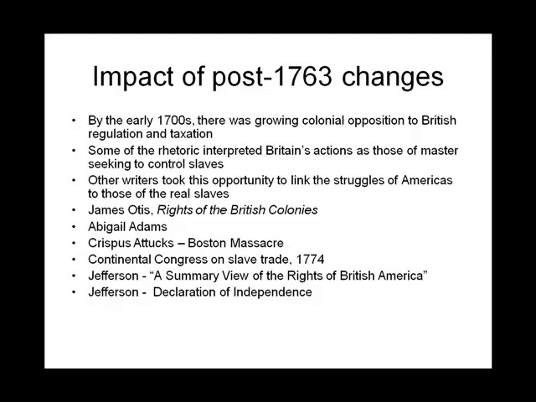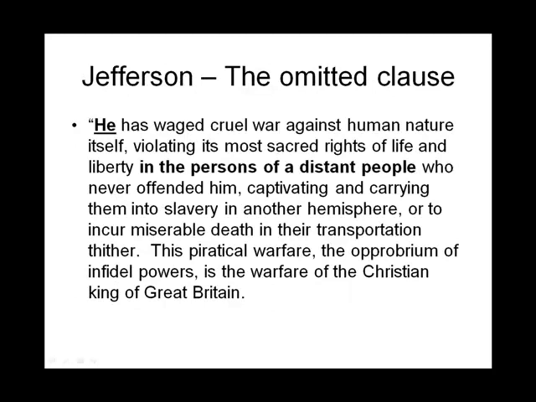And Jefferson, in this omitted clause, stated, and you should think about who exactly he means by "he": "He has waged cruel war against human nature itself, violating its most sacred rights of life and liberty in the persons of a distant people." Obviously, at this point, he's talking about the Africans who never offended him.